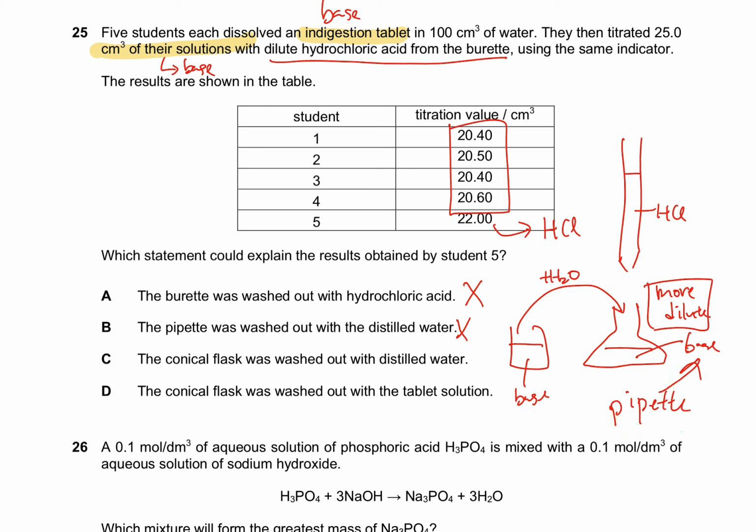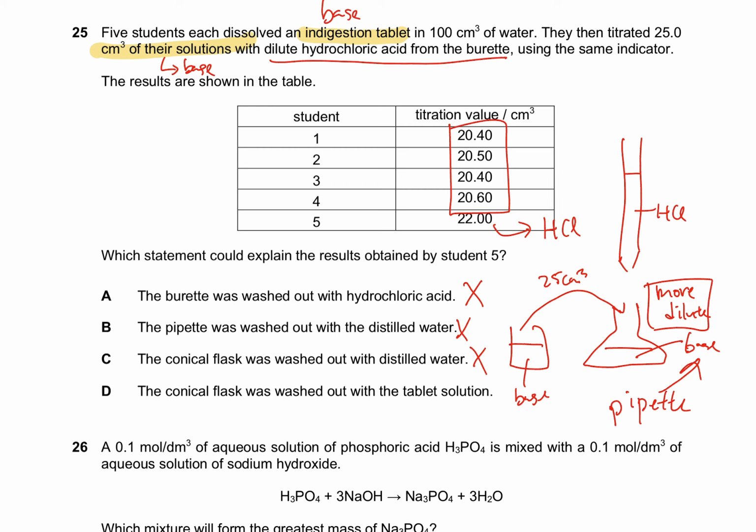The pipette will still transfer exactly 25 cm³. Initially, if the pipette has water, it's not going to transfer 25, it's going to transfer less than 25, because there's already some water inside. So even if I wash the conical flask with water, the pipette will still bring in 25 cm³ of the base. So HCl is still the same.